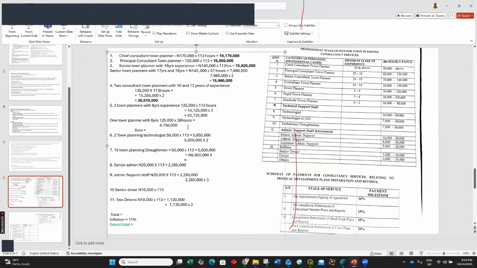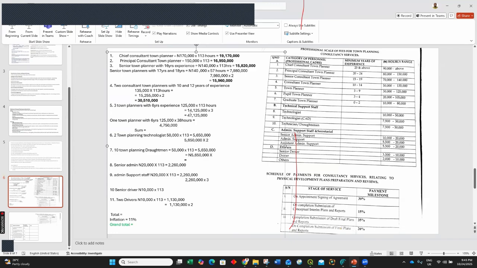If you check the question, they mentioned that the town planner with 6 years will only participate for 38 hours. So his amount is 4.7. For the town planners, you know there are four.